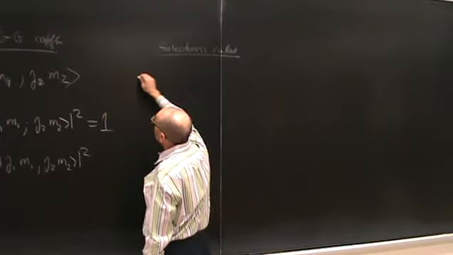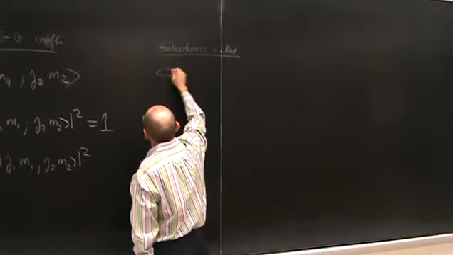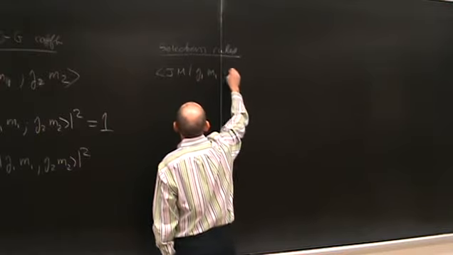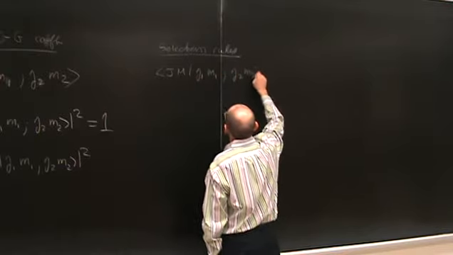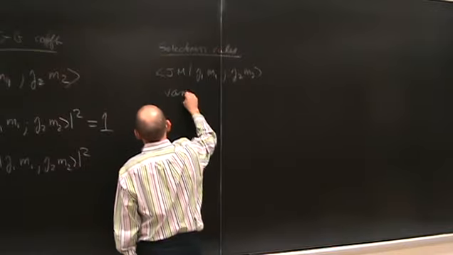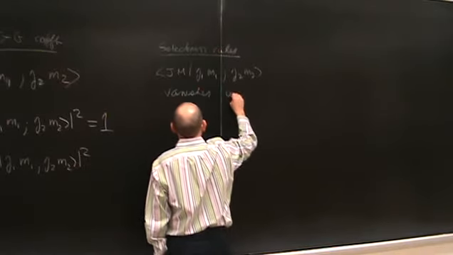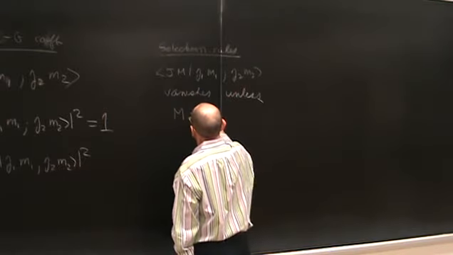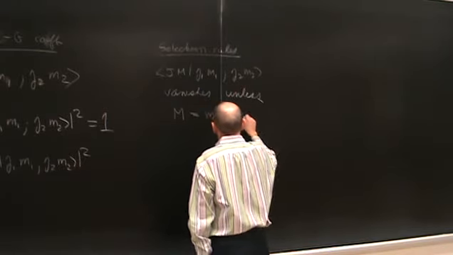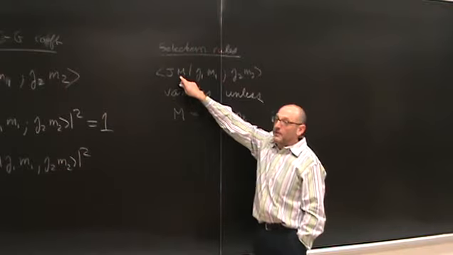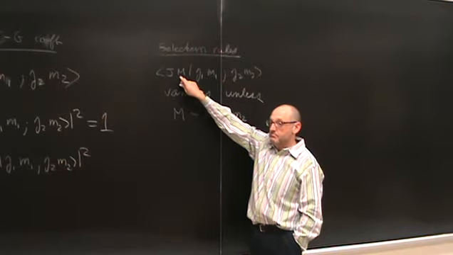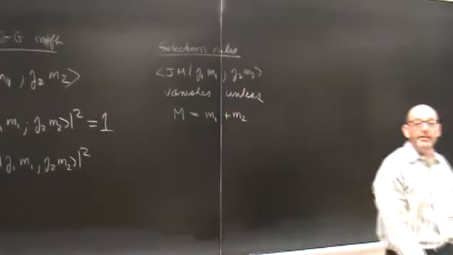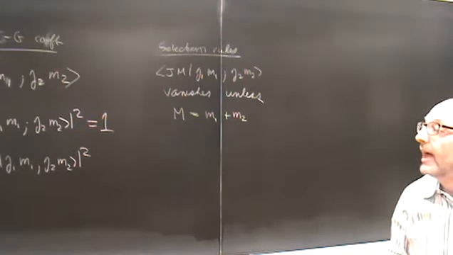That this CG coefficient vanishes unless, firstly, it must be the case that the total projection M is the sum of the individual projections along the z-axis. How do you prove that?